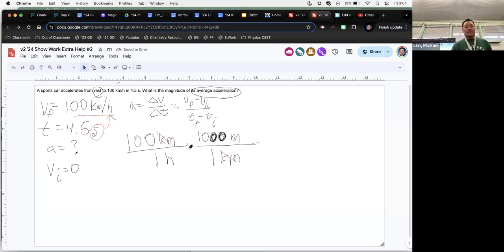Now we're not done because we have to turn our hours into minutes. So let's go ahead and do that next. So I'm gonna use another fraction. And I'm gonna put 1 hour at the top.